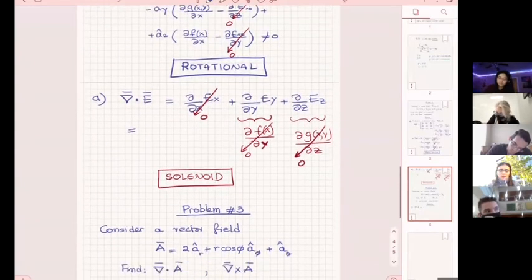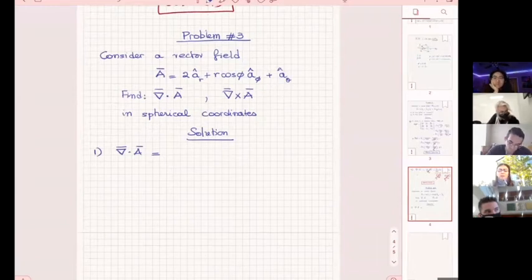you have to find out how the divergence is because it's the following. It's not easy.